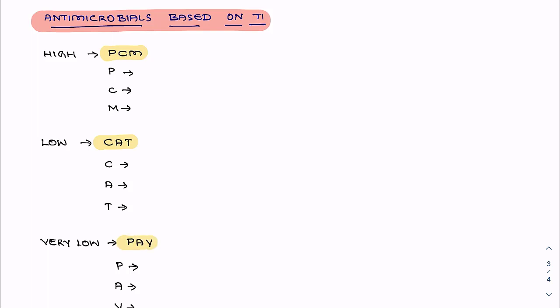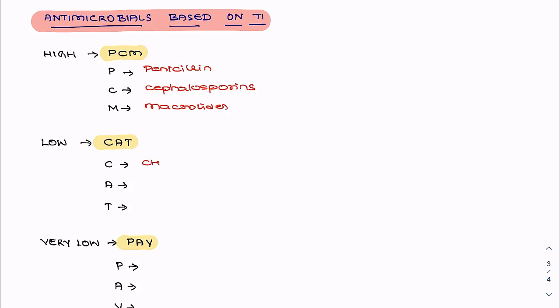P stands for penicillin, C stands for cephalosporins, and M stands for macrolides. These have a high therapeutic index, whereas the CAT will have a low therapeutic index.